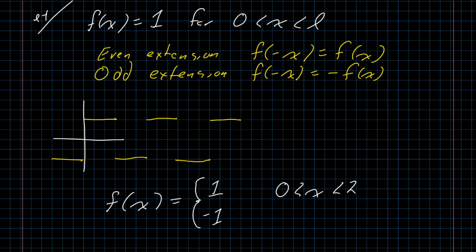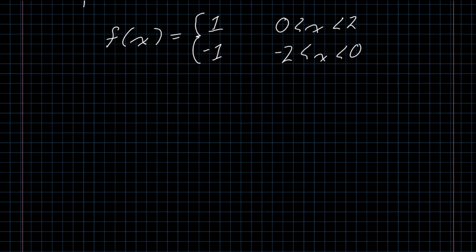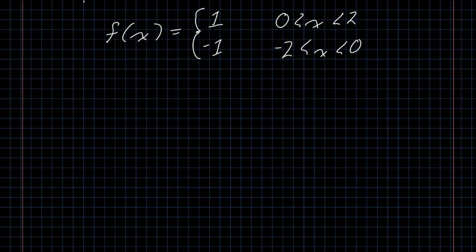And then we get negative 1 for the mirror of that, which would be negative 2 less than x less than 0. We know that this is an odd function. We designed it to be an odd function. So that makes our lives a lot easier.